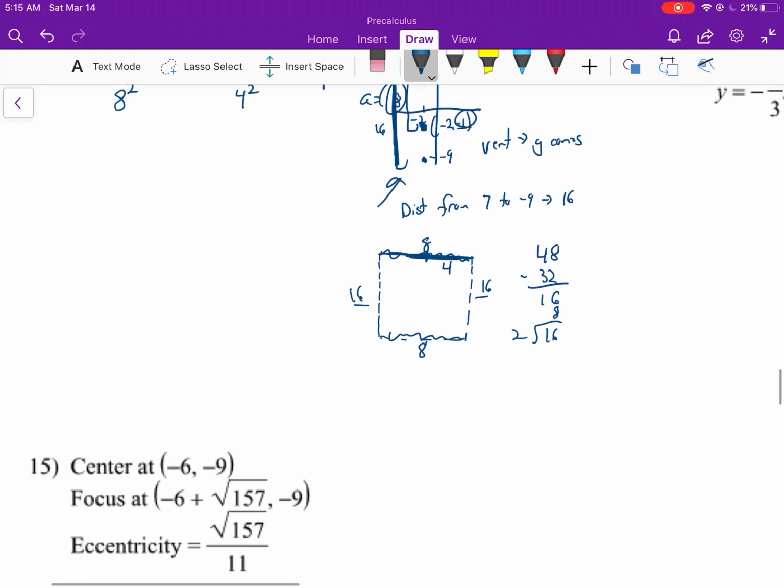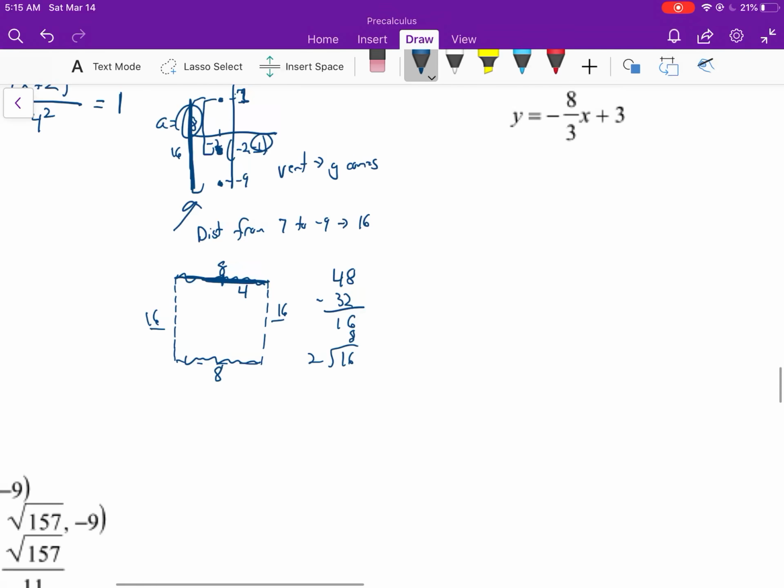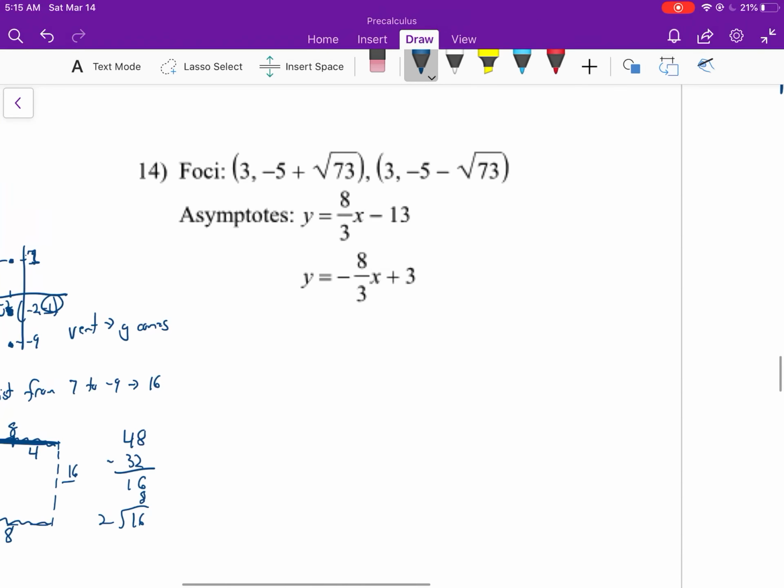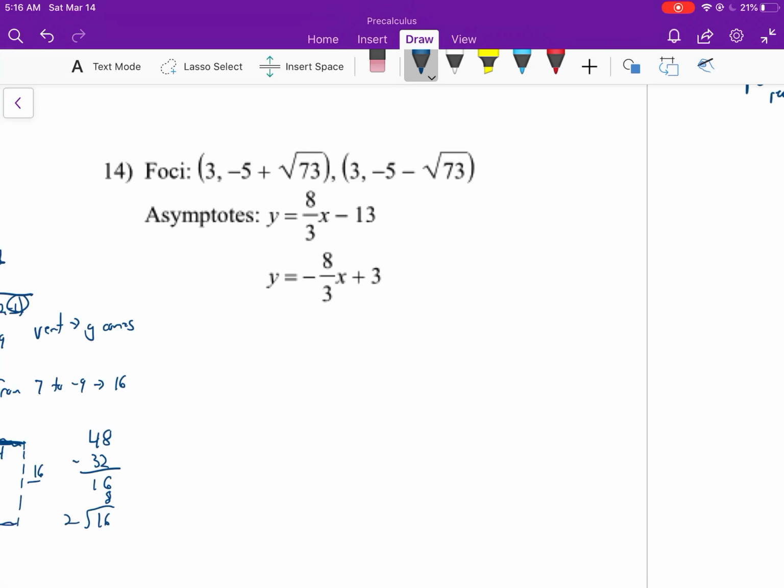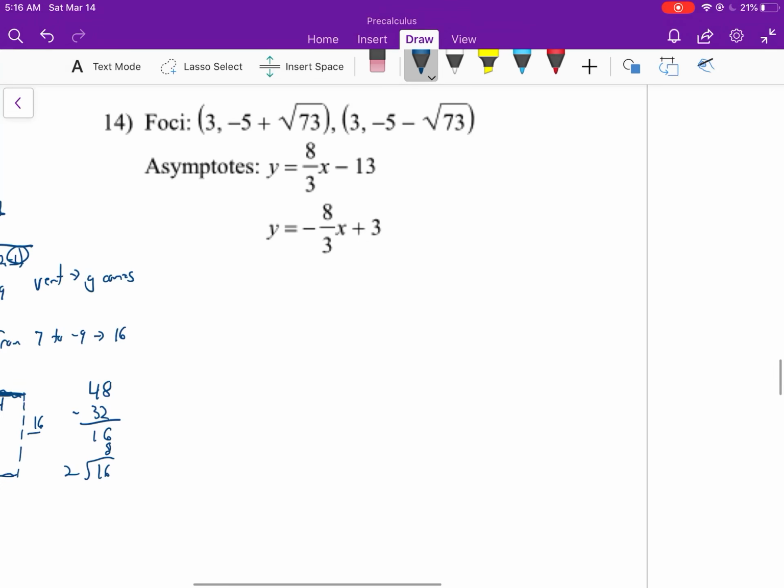Let's go ahead, we'll take a glance at number 14. 14 gives us the focus points and the asymptotes. Let's go ahead and do this one. So focus points are at 3, -5 plus root 73 and 3, -5 minus root 73.